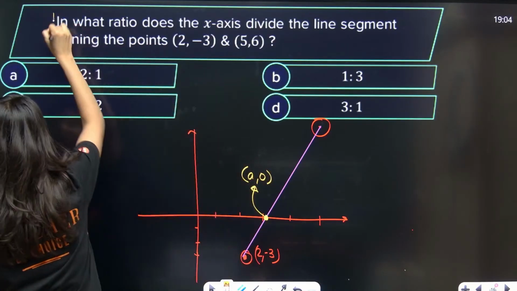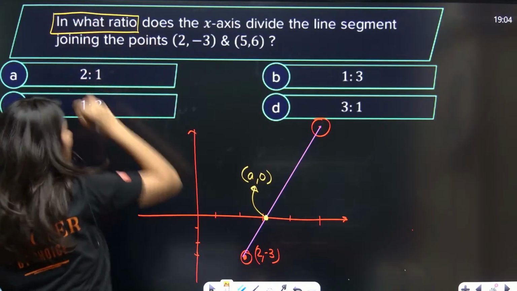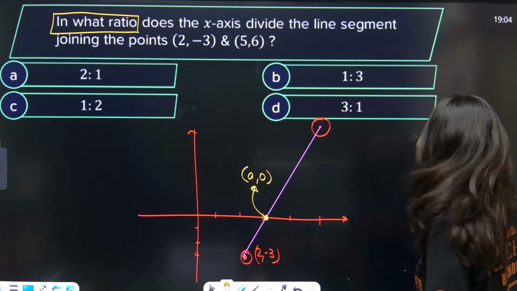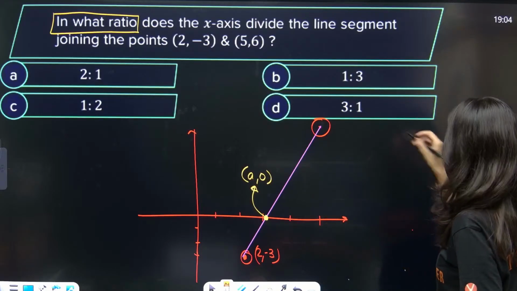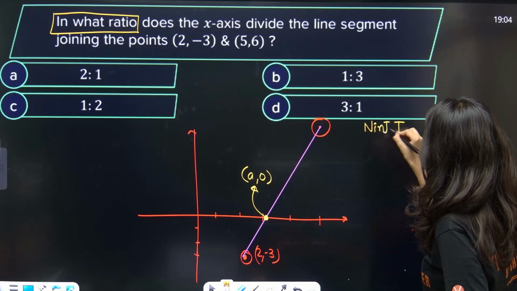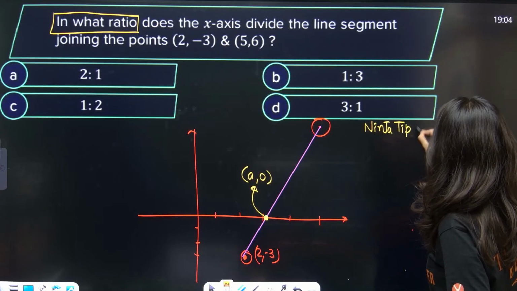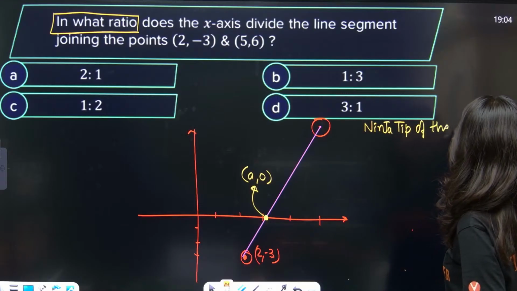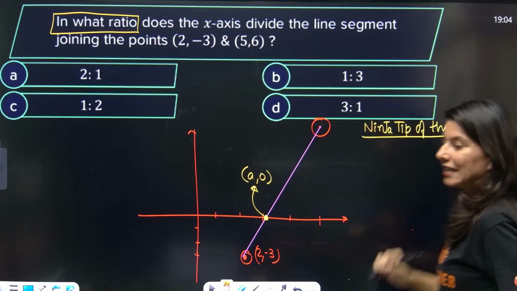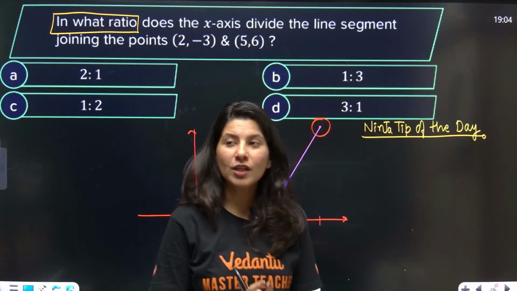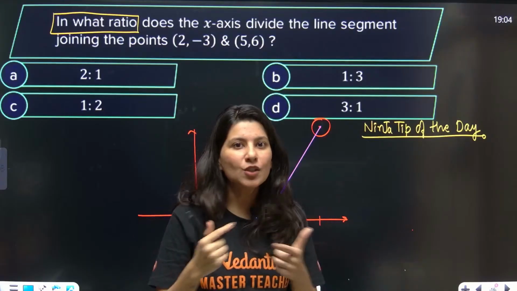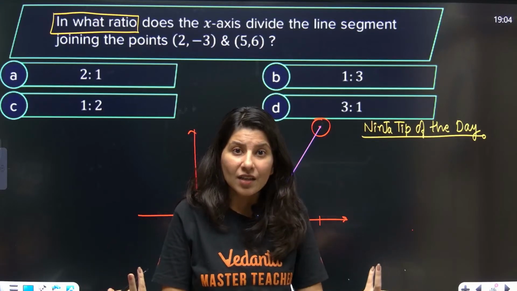So anytime you have to assume a ratio, do not assume m is to n, okay? So, ninja tip of the day. What is this ninja tip? Ninja tip says, if at all you have to assume a ratio, do not assume m is to n. Why?